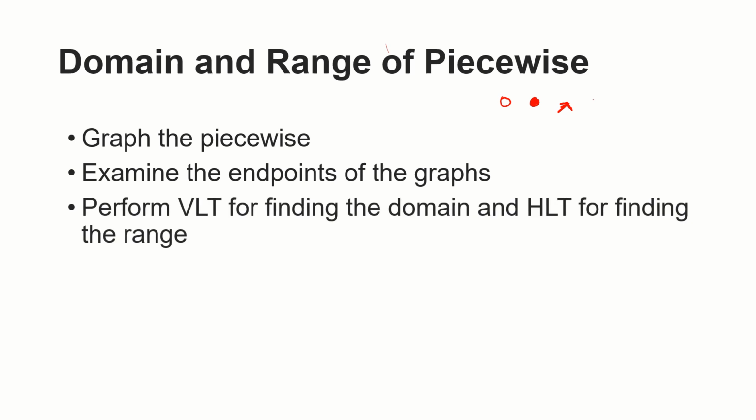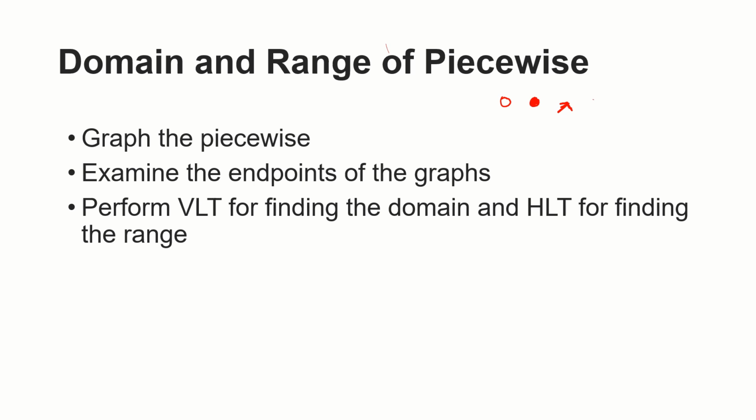So we can also use the vertical line test for finding the domain and the horizontal line test for finding the range. The vertical line test and the horizontal line test also help us in determining whether there are any discontinuities in our graph.